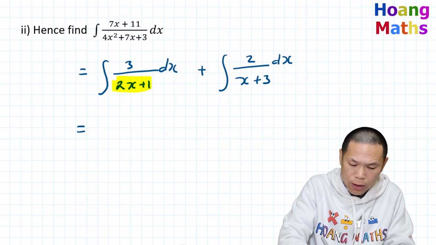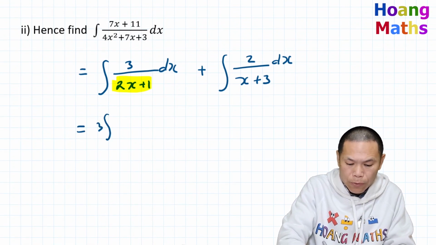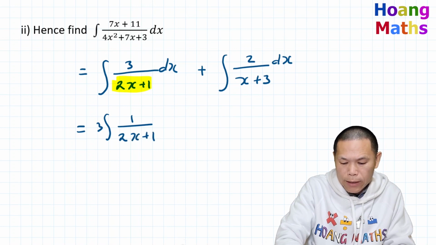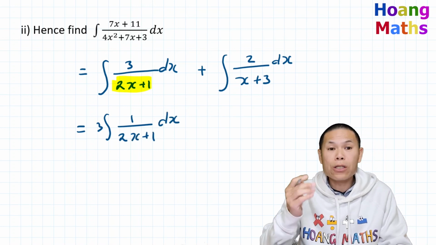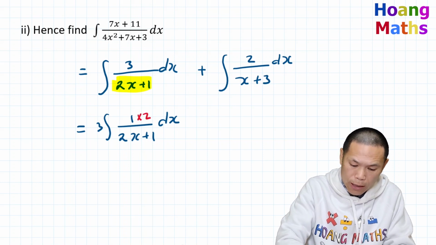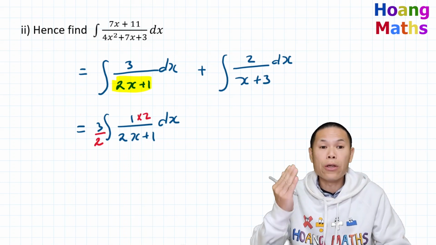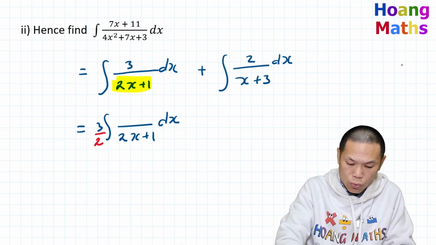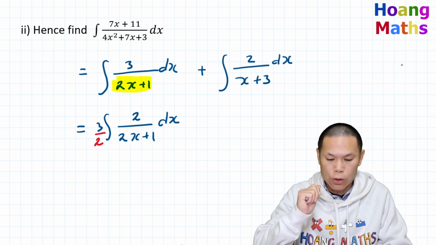I take the 3 out. So that gives me 1 over 2x plus 1 dx. Right? So what I do, I make it into 2. So I times this by 2, and I divide this by 2. So there you go. So now let me just clear this. This is exactly the same as 2, okay? Because 1 times 2 is 2.